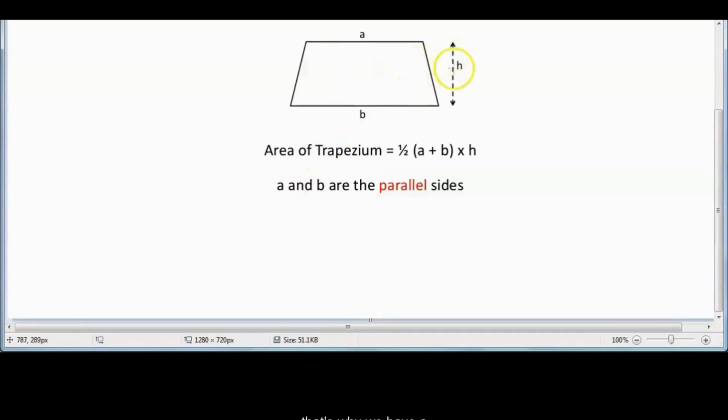That's why we have an H on this side. You can use H or C. So the formula will translate to area of trapezium is equals to half A plus B, that's the sum of the parallel sides, times height.